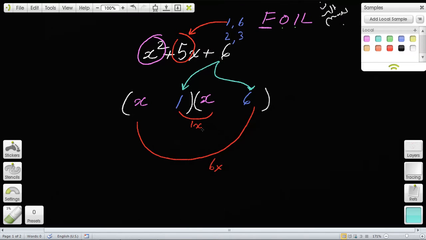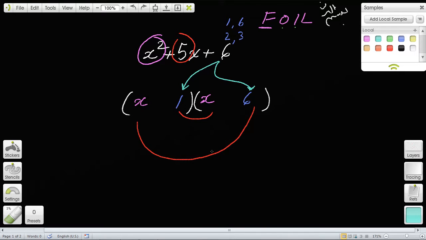So what you have to ask yourself is, will these two add up because they're like terms? Will these two add or subtract to give you that? In this case, they will subtract to give you 5, but that's not going to work. And they will add to give you 7, okay? All right.